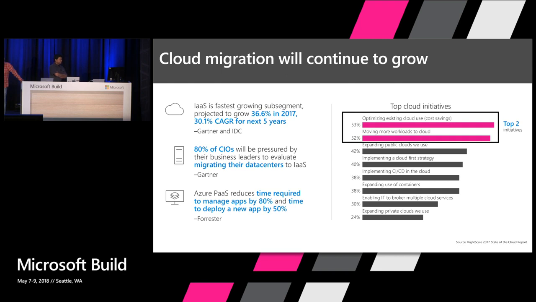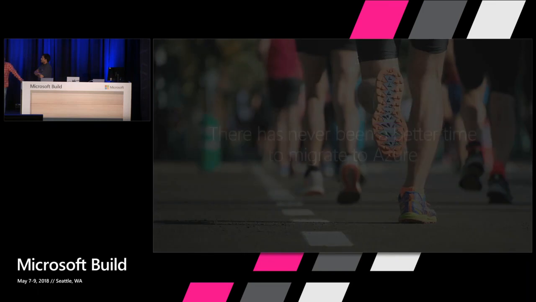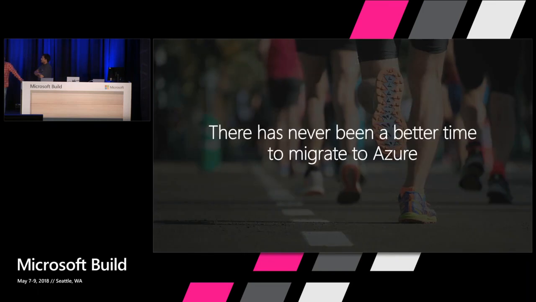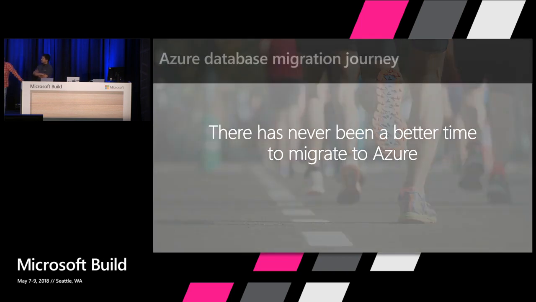Moving to the cloud is one of the initiatives a lot of CIOs are thinking about nowadays. So I hope this data convinces us to talk about cloud migrations. There has never been a better time to talk about migrating to the cloud.